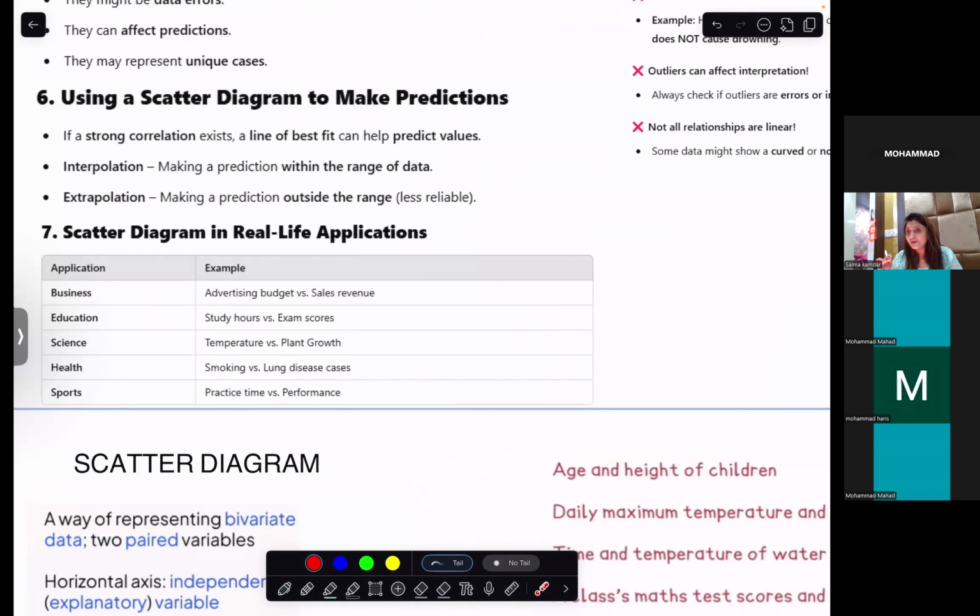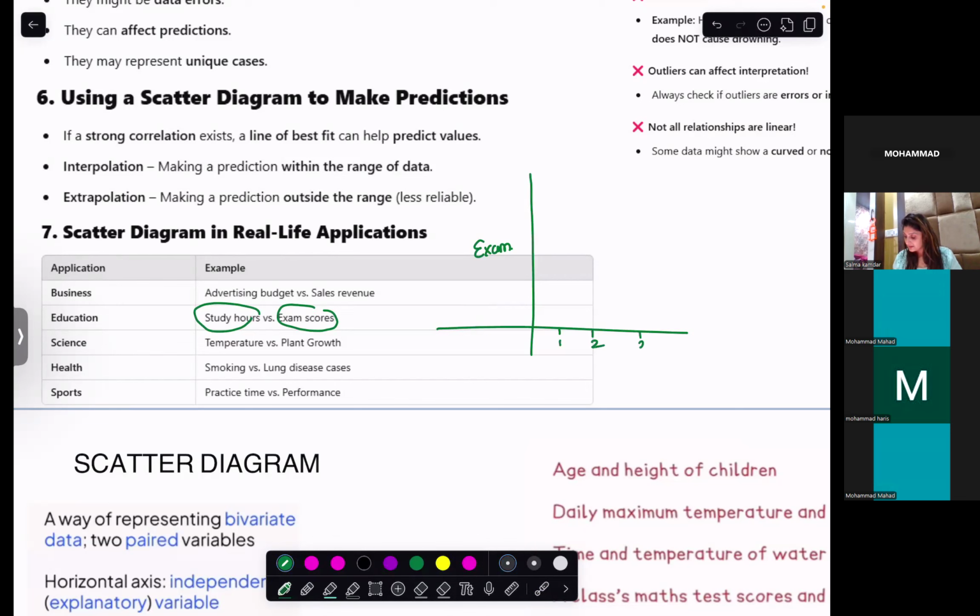Then you can predict values in the future. Say, can you tell me the dependent variable and the independent variable over here? Exam score is the dependent variable and study hours is the independent variable. So this is my study hours and this is my exam score. If I study 1 hour, 2 hours, my data goes something like this.